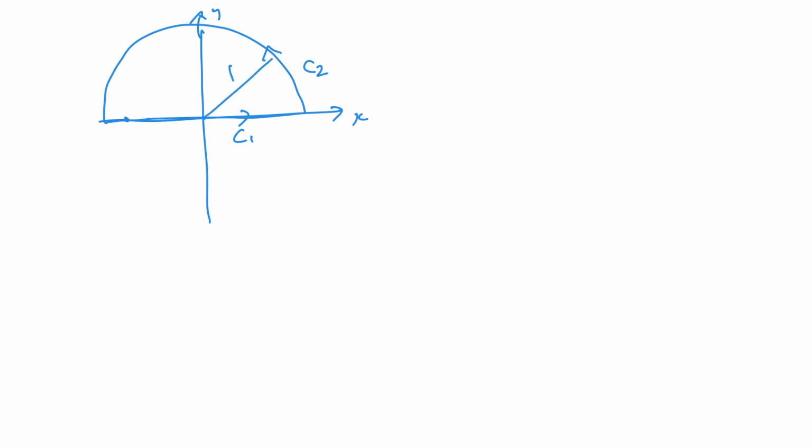So I have to draw it again. So let's calculate this; this is R. On CR, z is R exponential i theta, dz is R exponential i theta, i d theta.